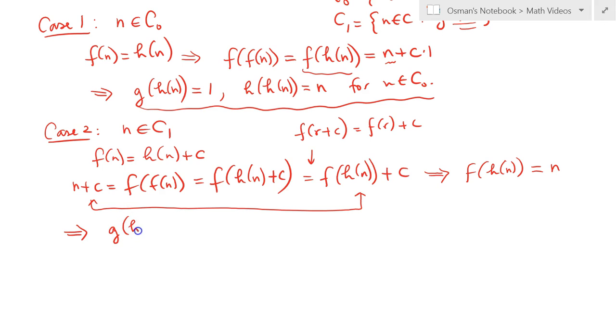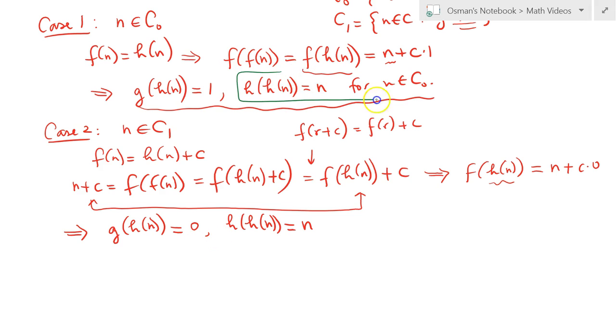In this particular case, g of h of n, when we apply the division algorithm to h of n, we realize that the quotient is 0, and the remainder h of n is simply equal to n here, right? Because you can think of this as 0 times c, and I think that pretty much does the trick here.